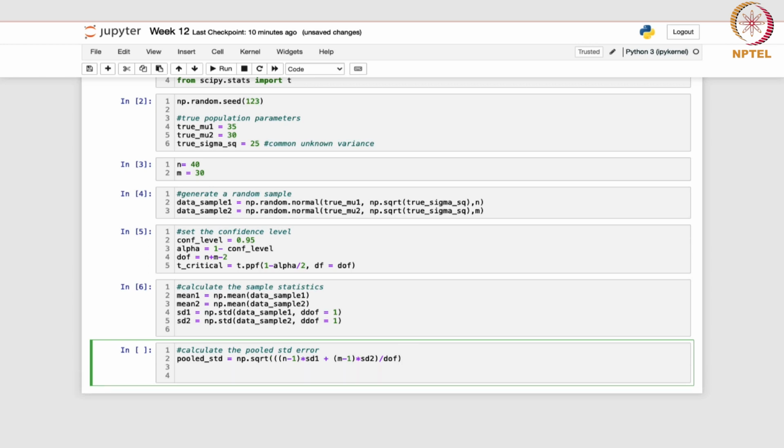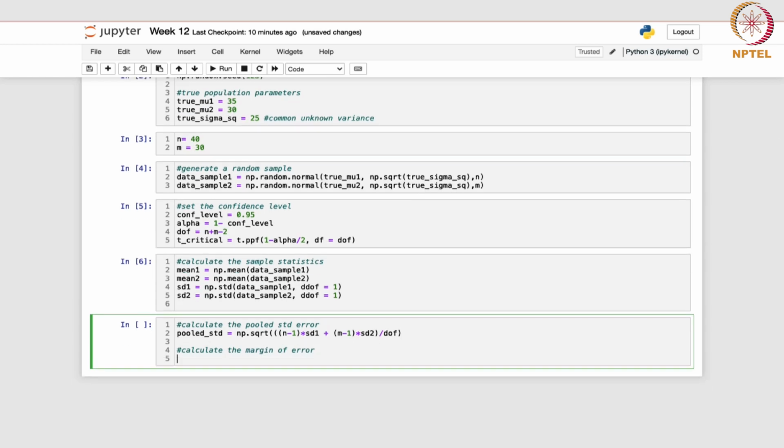After this we can find out the margin of error. For margin of error we can just write MOE.